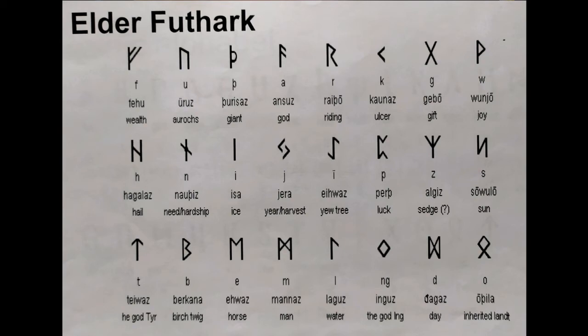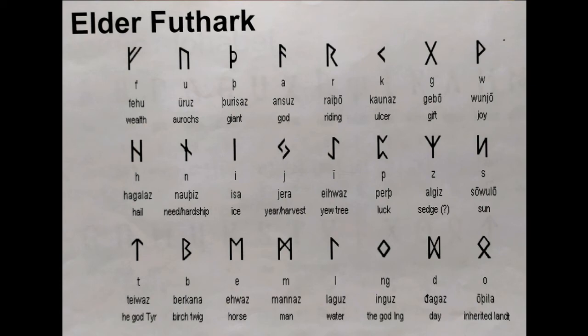Therefore he had to work out an alphabet for the Gothic language, and he used the Greek alphabet, the Latin alphabet, and some Gothic signs, and he worked out his letters of the Gothic alphabet.